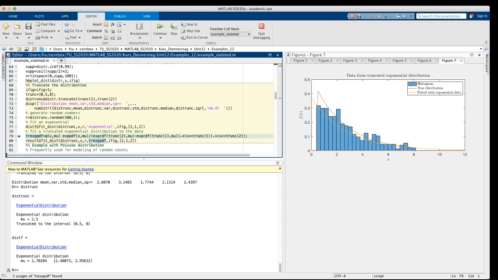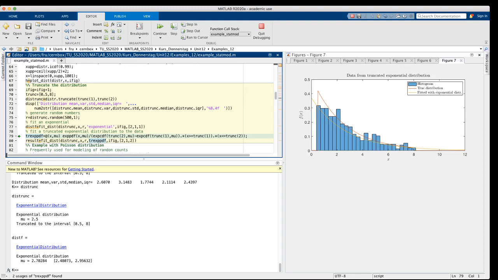And to this end, we have to renormalize the exponential PDF and then make sure that this distribution is non-zero only in the interval from 0.5 to 8. So how do we find this function handle? Well, the basis is the exponential PDF with parameter mu, and this is the function exp PDF in the statistics toolbox.